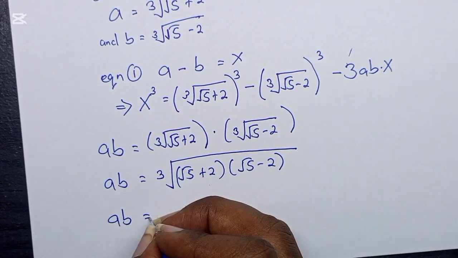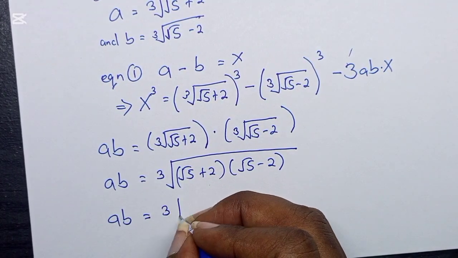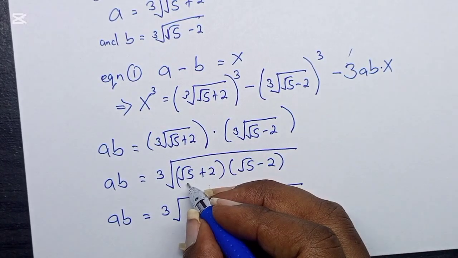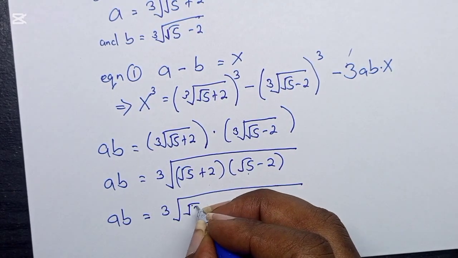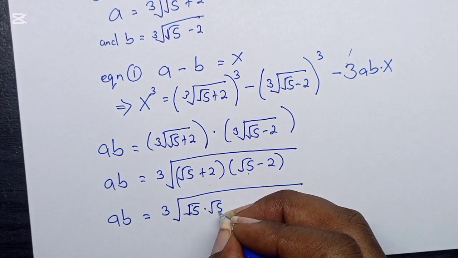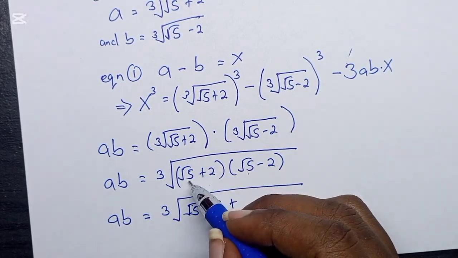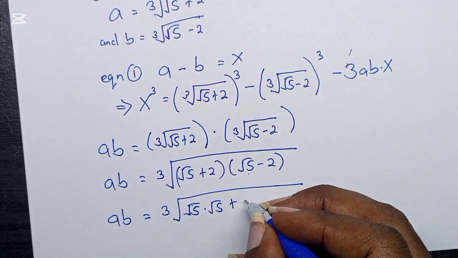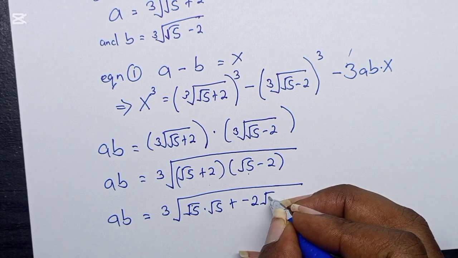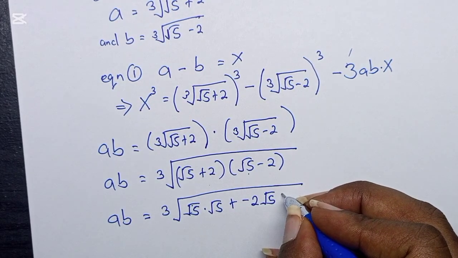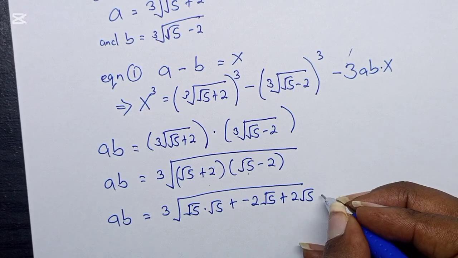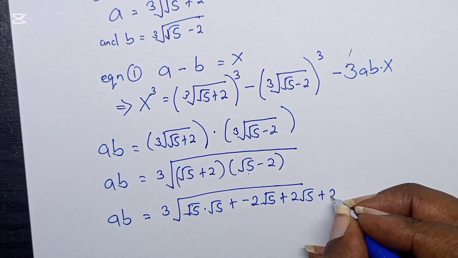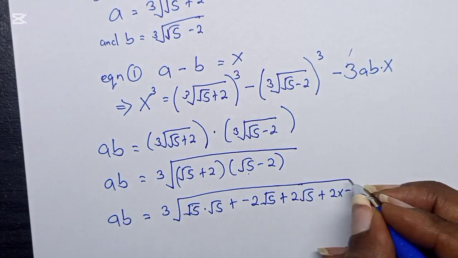Let me first write it down. Root 5 times root 5 plus root 5 times negative 2, which gives us negative 2 root 5, plus 2 times root 5 is 2 root 5, plus 2 times negative 2.